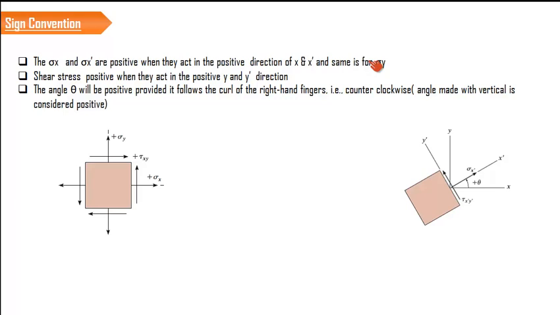That means you can define an infinite number of planes within a material. If you take any particular plane, the components of stress acting on that plane are different. So we are interested in finding the stresses on some particular plane, and after this session you will be equipped with how to find them.